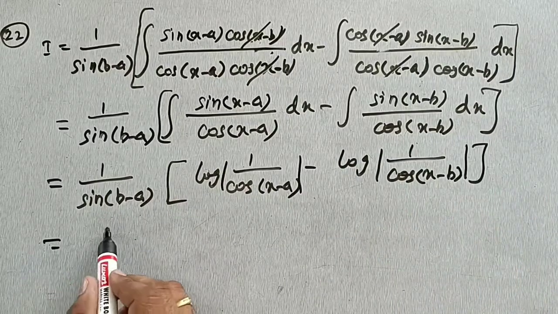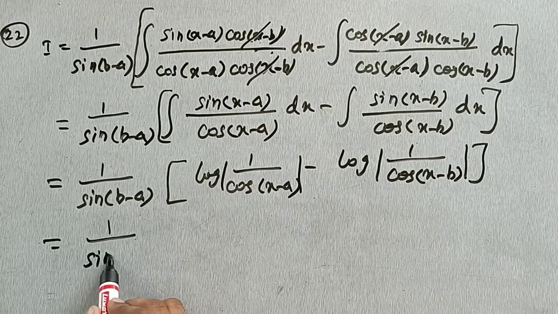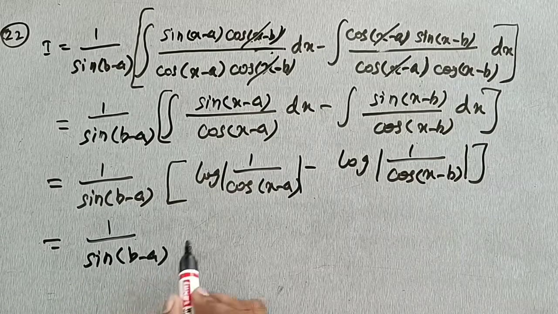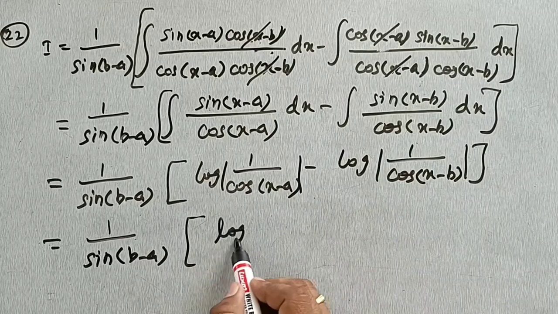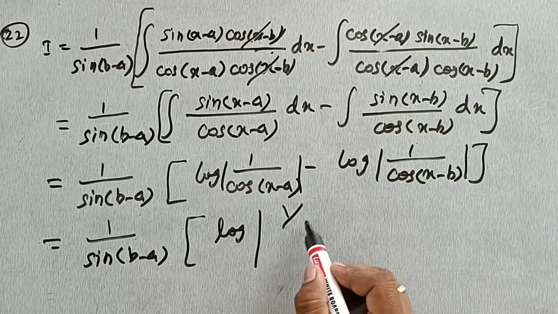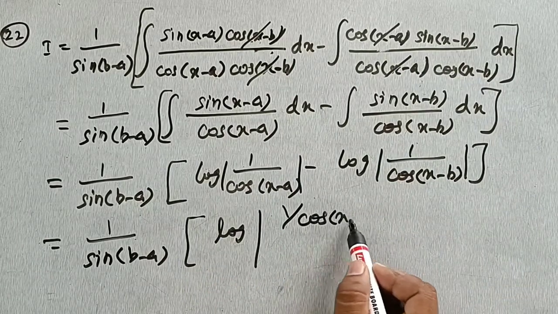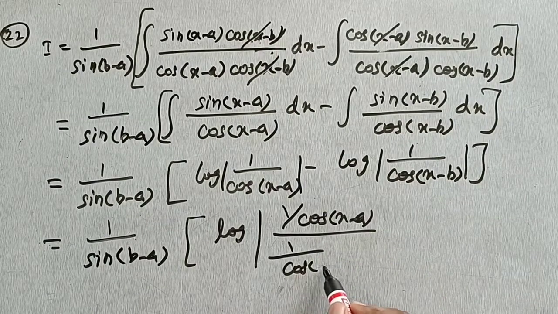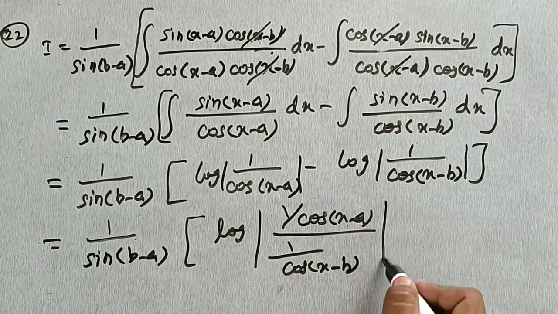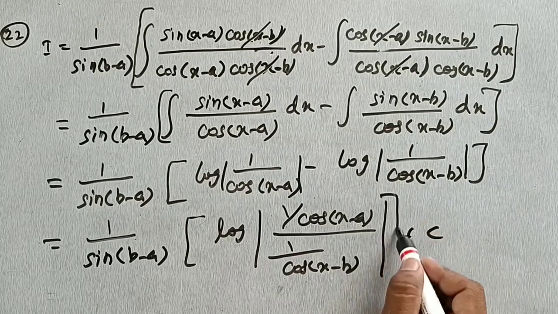Now we can use the formula log a minus log b equals log a by b. So this term divided by this term: log of modulus of 1 by cos of x minus a divided by 1 by cos of x minus b, plus c.